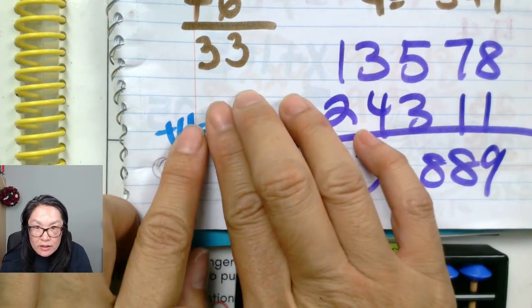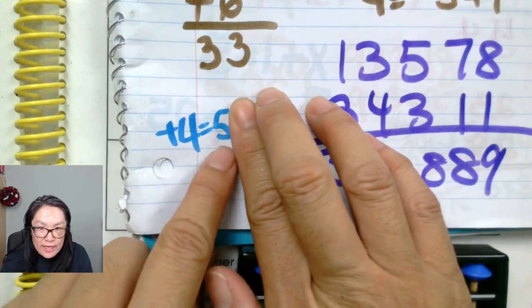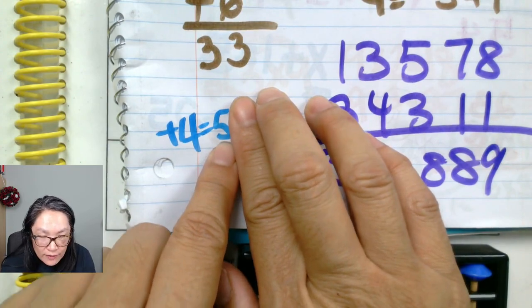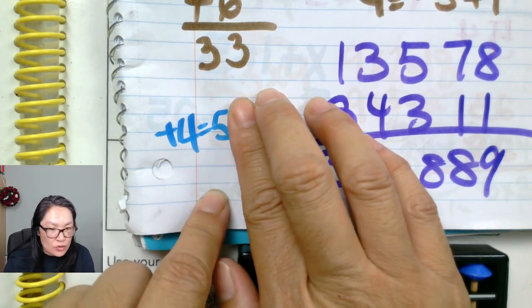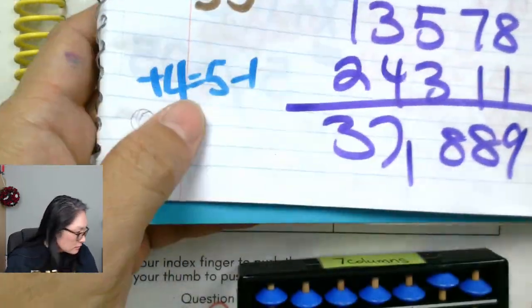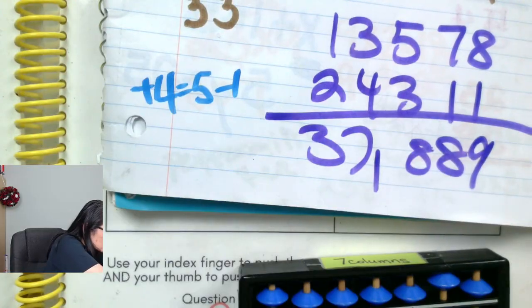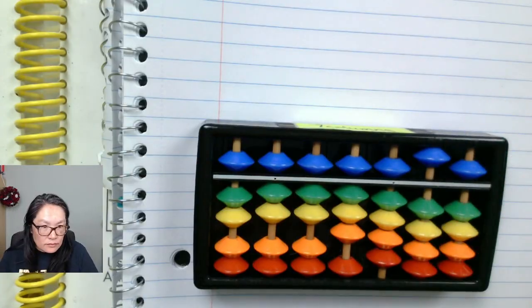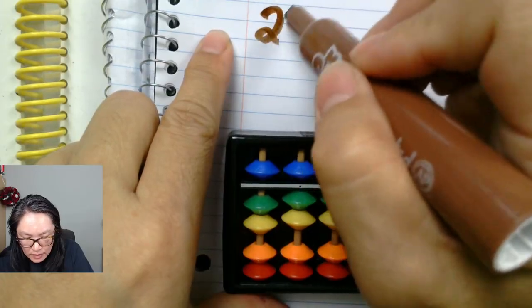You modify. You utilize the 5 if you cannot add. If you cannot utilize the 5, then you utilize the 10. $24,313.